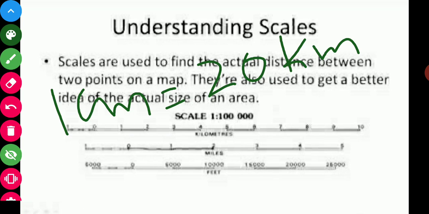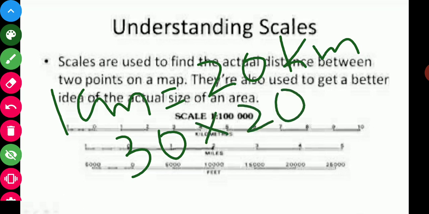Therefore, the actual distance according to the scale is 30 into 20, which is equal to 600. So, the actual distance between your school and your home is 600 kilometers on the ground.